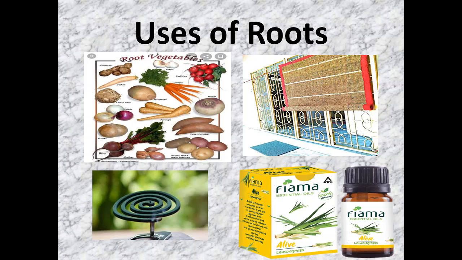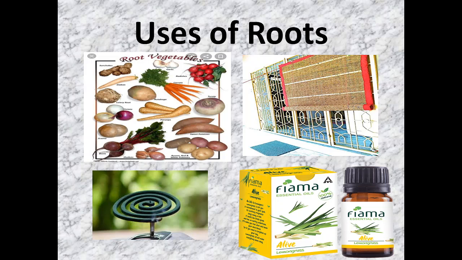So roots are used to eat, and this here is a mat. So in making this mat, some roots are used. So in this way roots are used to prepare these cooling mats.